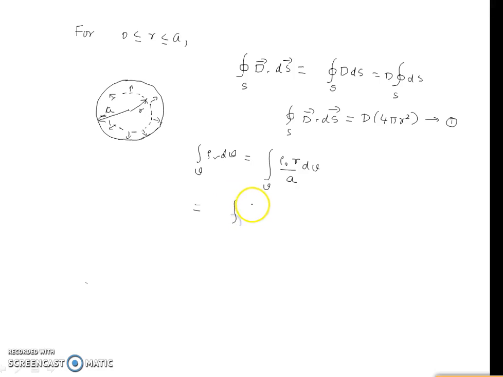So in case of spherical coordinate system, we know that theta varies from 0 to pi, phi varies from 0 to 2 pi, and here for this Gaussian surface the radius is varying from 0 to r.